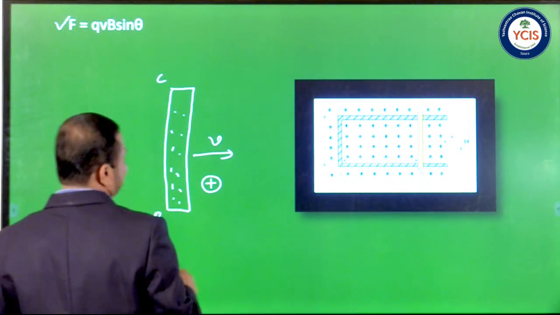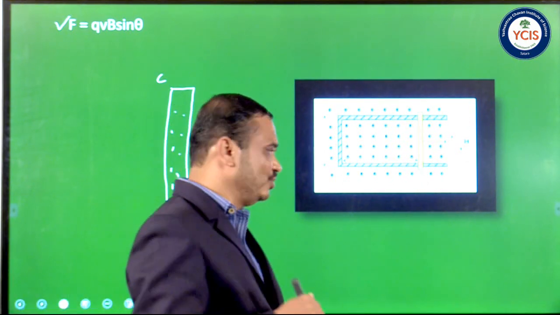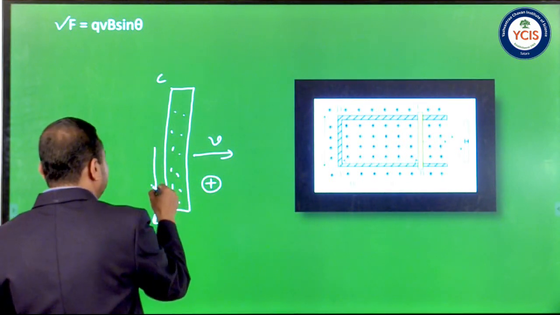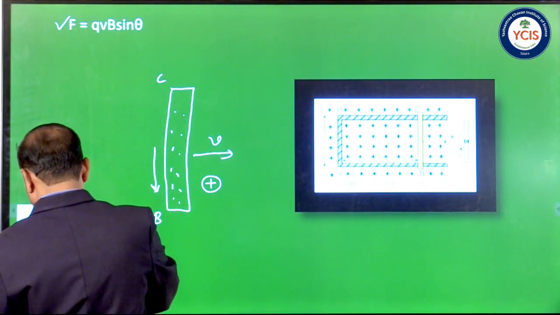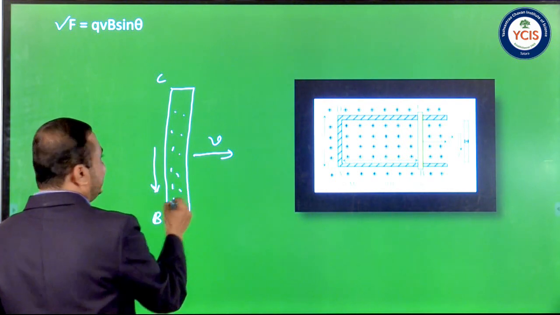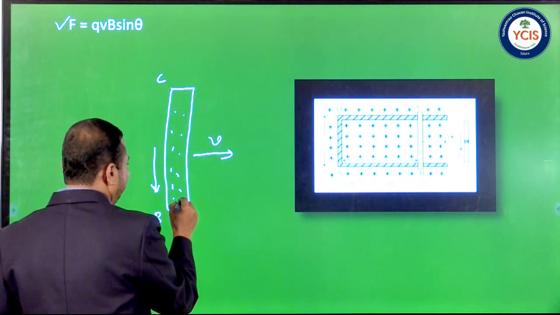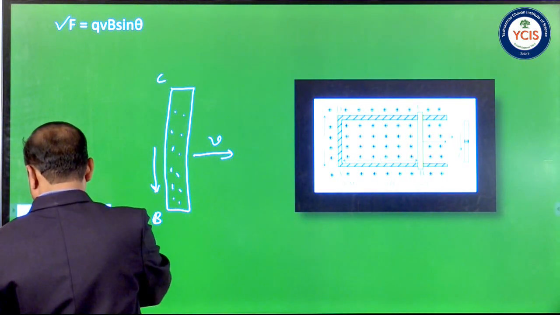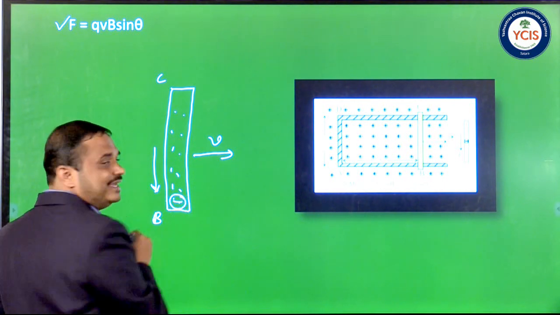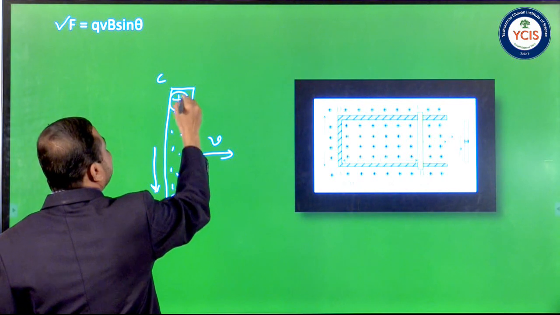Now what happens? The direction of this force is given by Fleming's left hand rule, and all these electrons are pushed downwards. All electrons are collected towards the end B, so end B acts as the negative terminal, and the remaining end acts as the positive terminal.